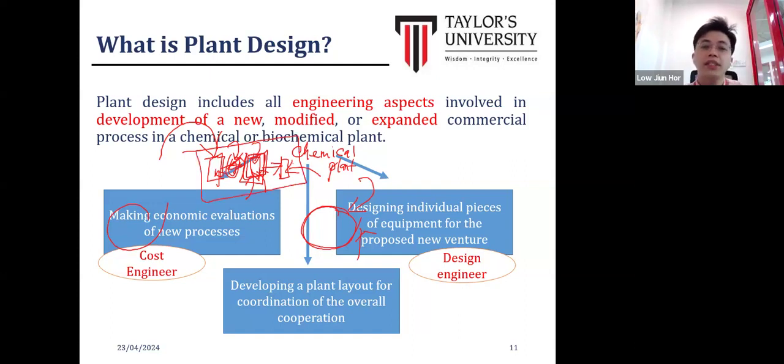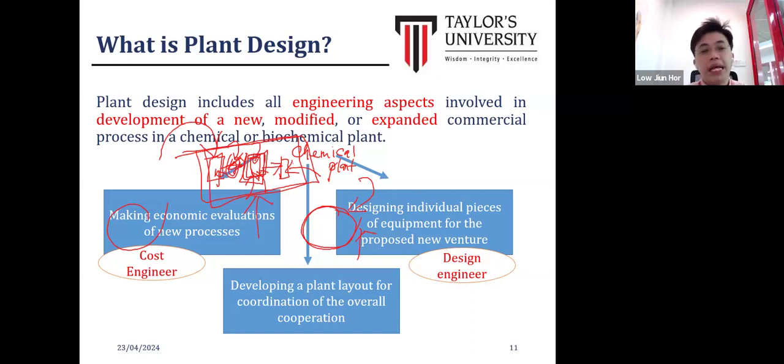Since you already came up with a chemical plant design and are going to construct it, you need a very detailed costing to calculate the total amount that your stakeholder or investor is going to invest, how many years they need to break even, and also what the profit is.